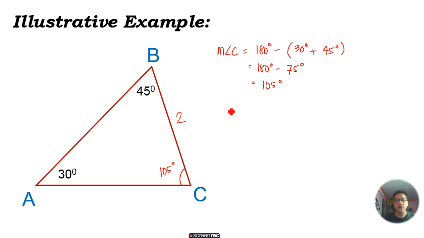Next, we're going to solve for the missing sides. Now, let's first write the formula.